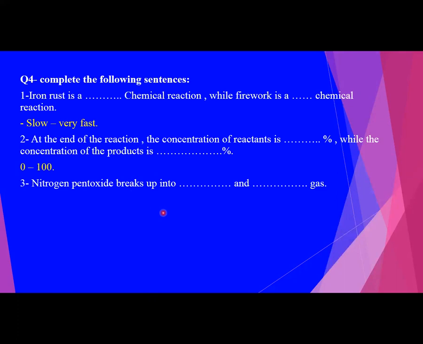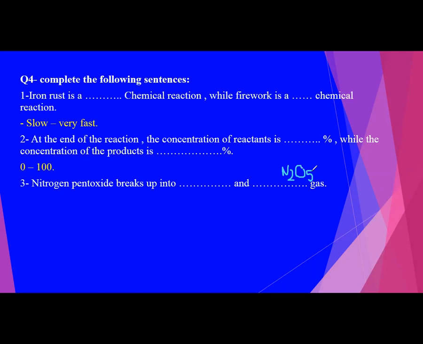Nitrogen pentoxide breaks up into, this is what we have, N2O5. The word pentoxide means 5, penta is a Latin number, which is 5.